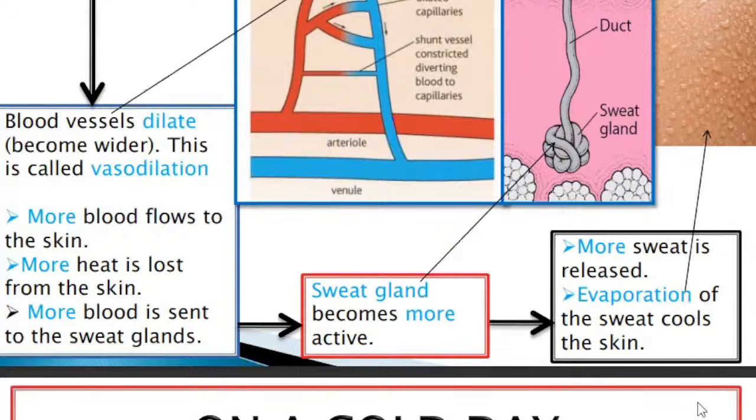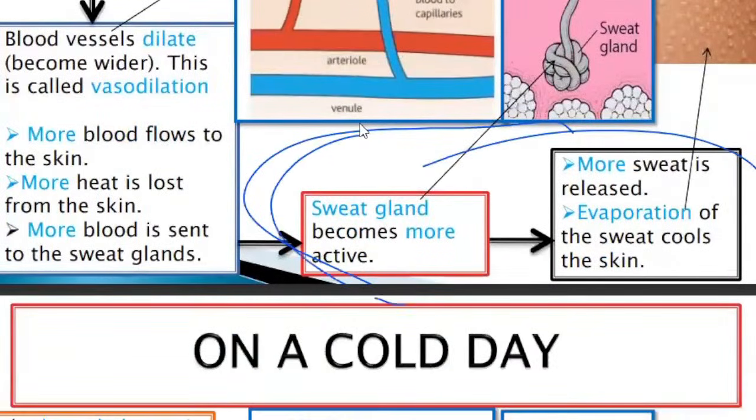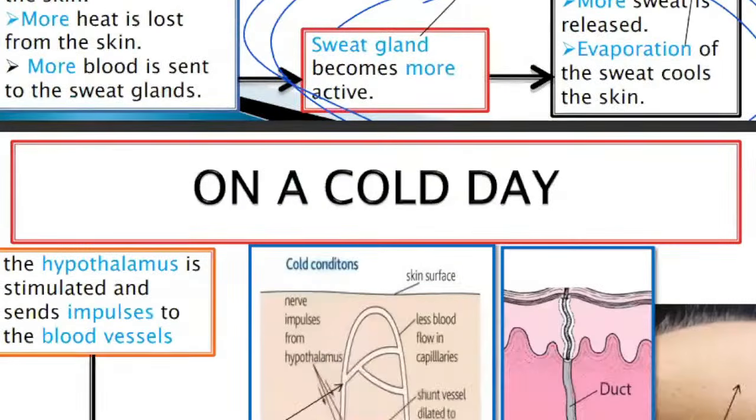You see, they are not talking about all the control of how heat is being lost. They are looking specifically at the sweat. How does it lead to cooling of the body? So basically, that's what you explain in that regard.